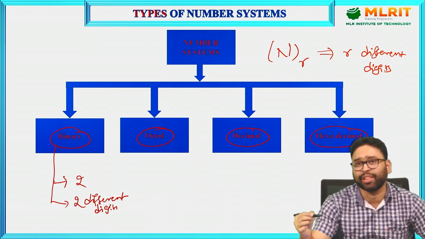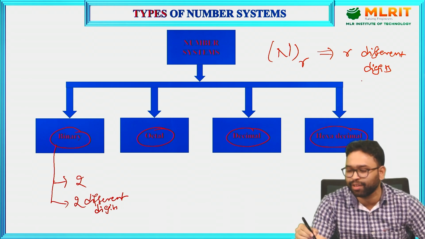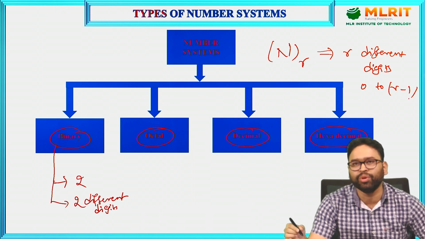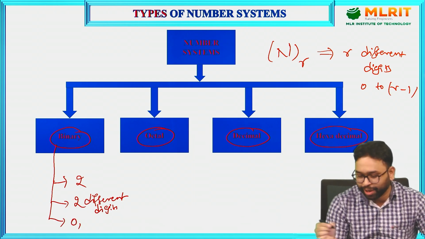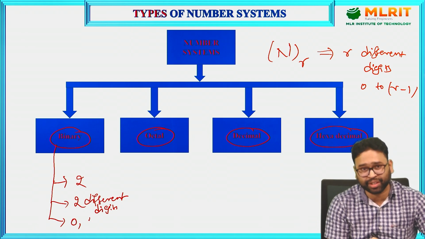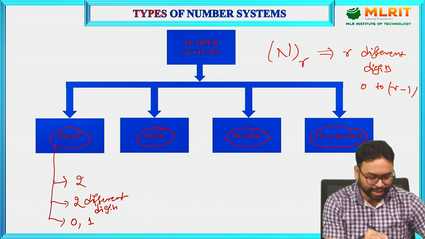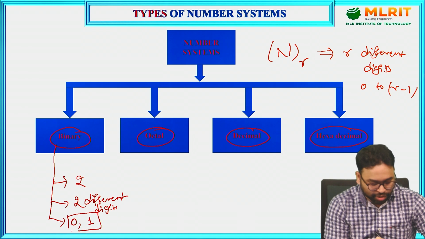And the values of these digits vary from 0 to r minus 1. For example, here the first value is 0 and r minus 1, the base value is 2, 2 minus 1, it is 1. That means the binary has unique digits 0, 1.